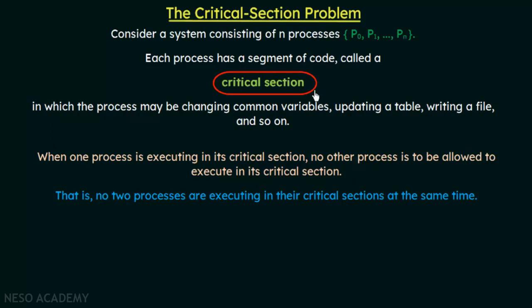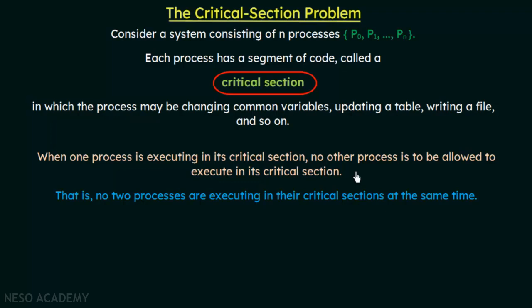We have already understood what a critical section is: it is that portion of code responsible for changing the common variables. When the shared data is accessed, that section of code is called a critical section. Now, when one process is executing in its critical section, no other process is allowed to execute in its critical section. Different processes have different critical sections.